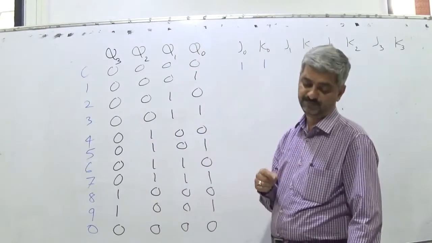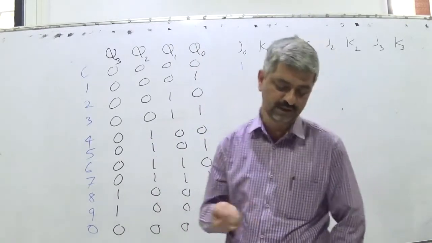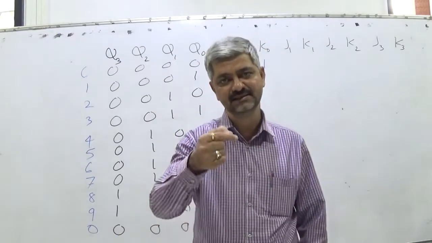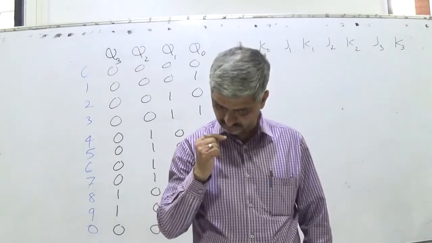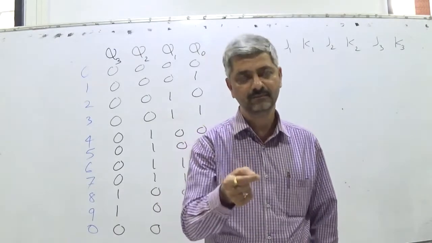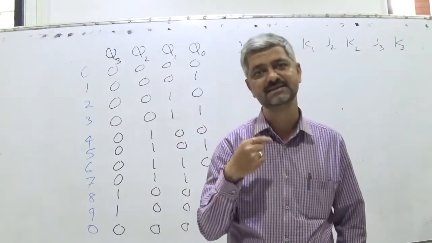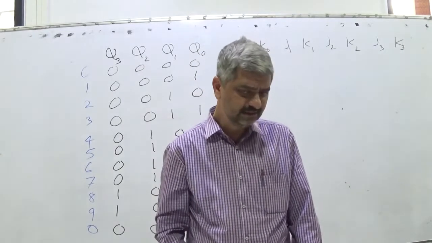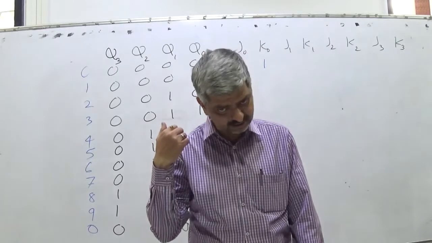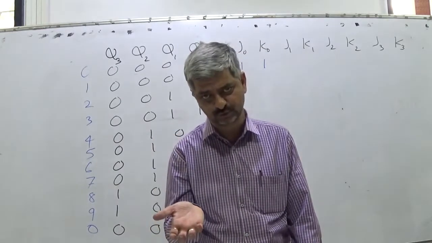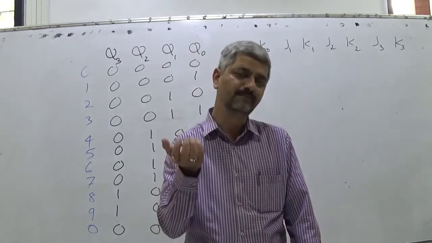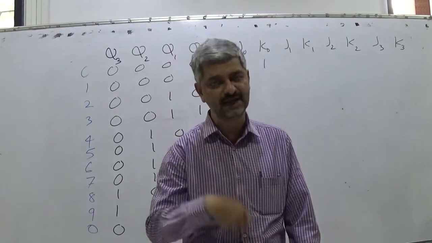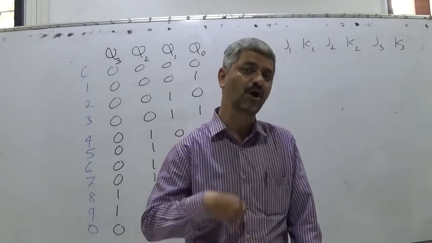So for each flip-flop, the input should be such that its next state, either 1 or 0, depending upon the current state, is defined. All outputs Q0 to Q3 may be considered, depending upon requirement, to decide the J and K of all flip-flops.